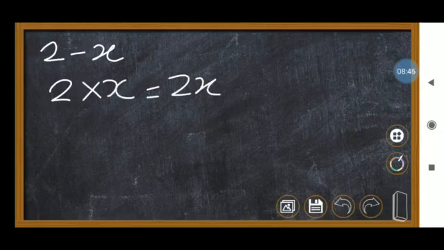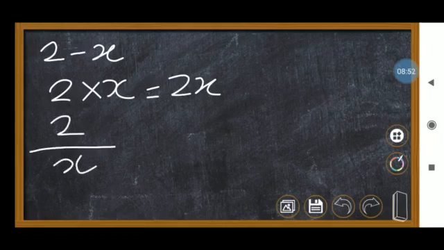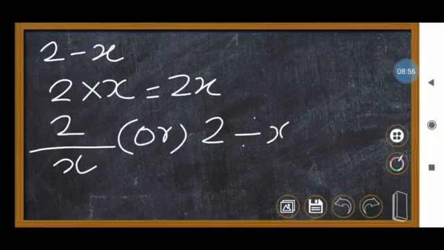So 2x can be written as 2 into x, both are the same only. 2 divided by x means 2 by x, otherwise we can write 2 divided by x. So these are the examples I said for with variable expression. The expression must contain a variable, numbers and operators.